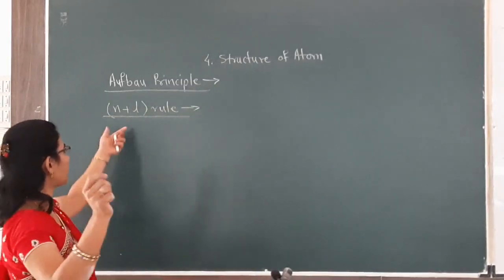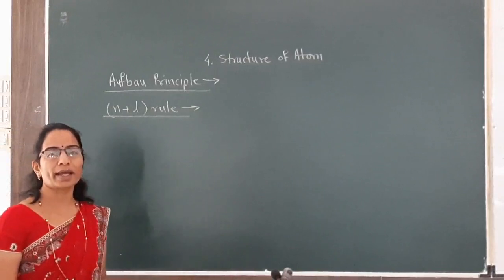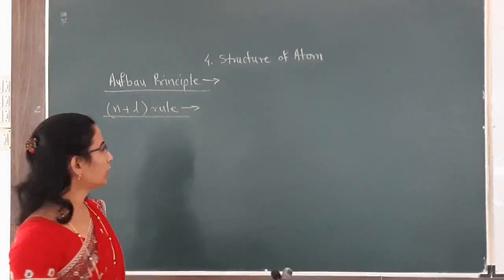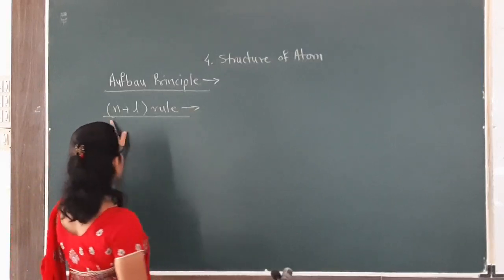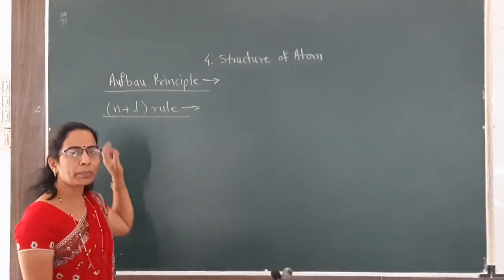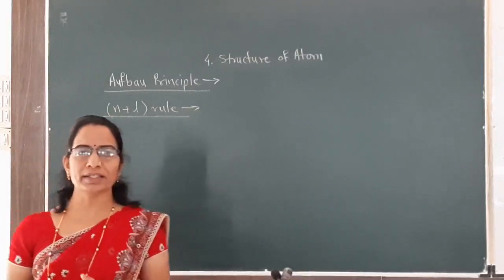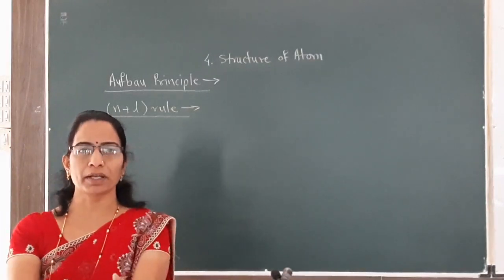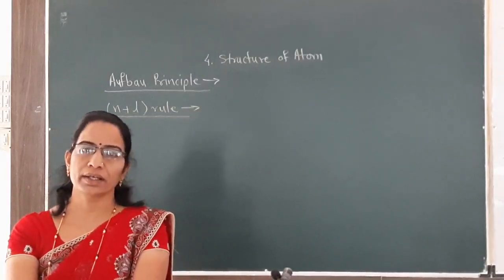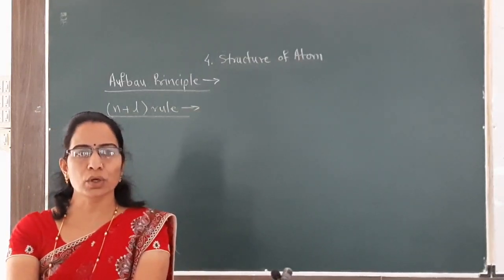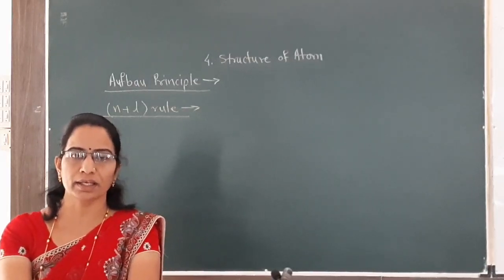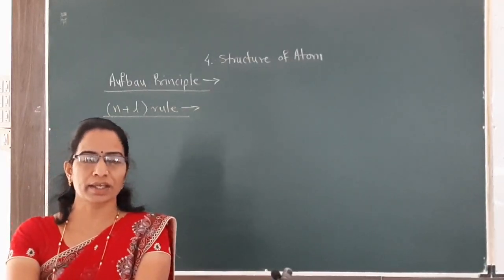And therefore, with the help of this rule, you can determine the energy of each orbital. Now, what is that rule? We will see. Here, the orbital which is having maximum value of n plus l is having the larger energy, and those orbitals which possess lower value of n plus l, they possess less energy.